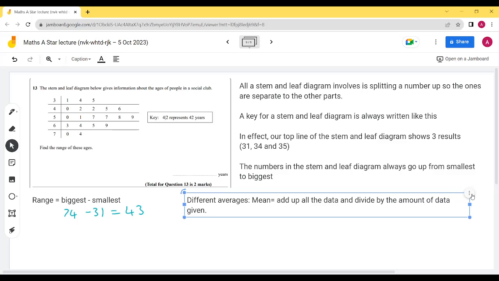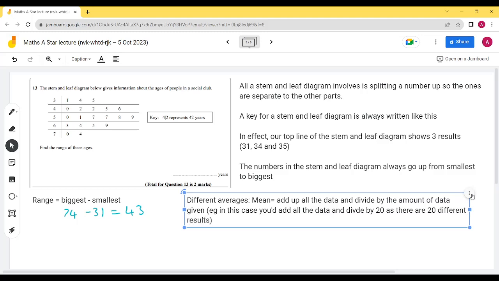We've got 6 plus 6, we've got 14, 15, 16, 17, 18, 19, 20. So in this case, you'd add all the data and divide by 20 as there are 20 different results.